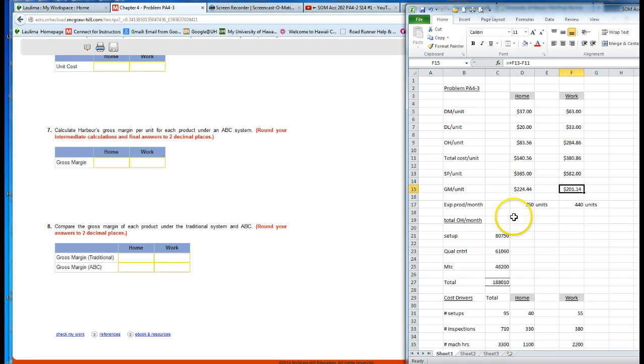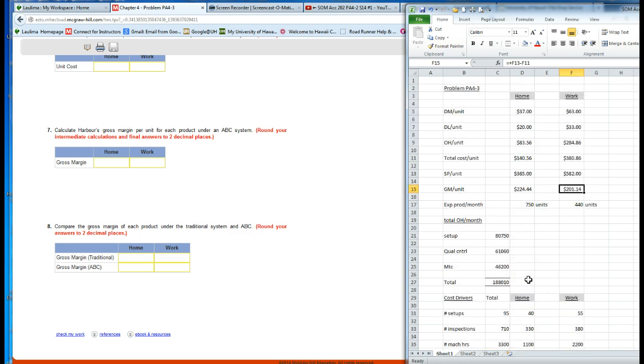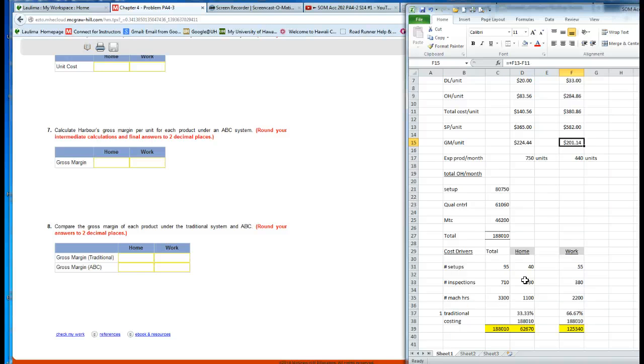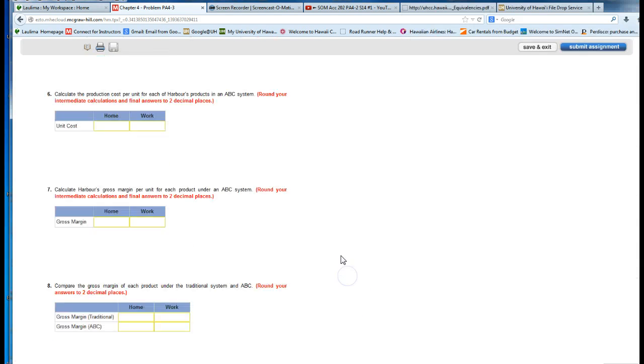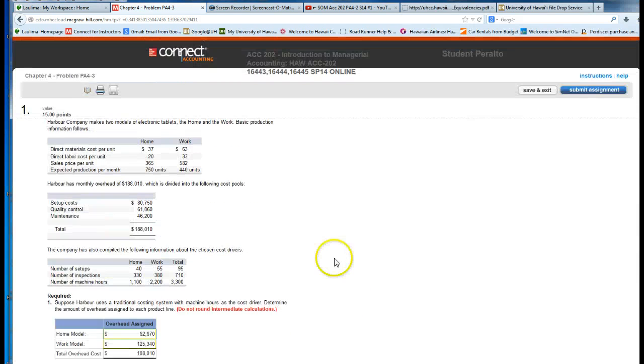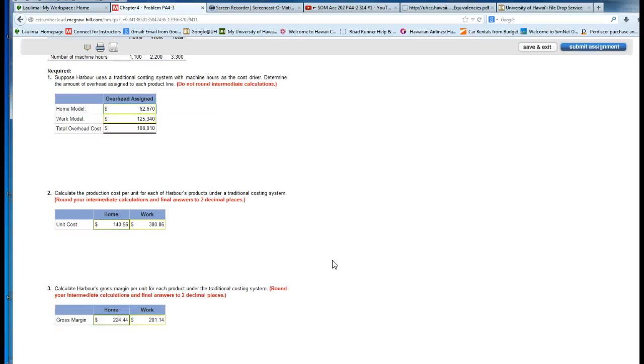So, at this point in time, I'm going to stop, and as you can see, our worksheet has the information that shows how we got our answers, and our problem sheet here shows that for the first 3 requirements our numbers are okay.